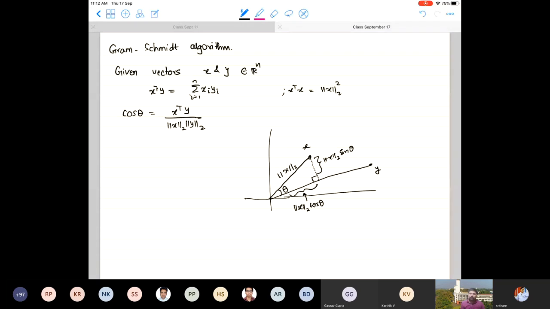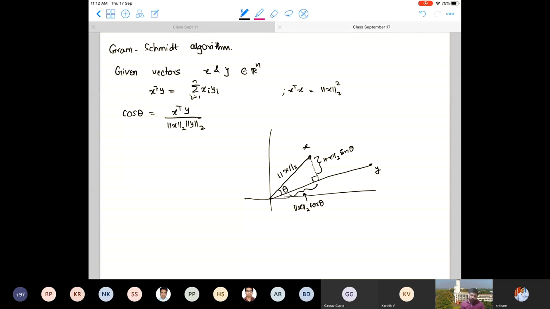So using the Pythagoras law, the sum of squares of the sides is equal to the square of the hypotenuse. So you have norm x squared cos squared theta plus norm x squared sine squared theta, which is equal to norm x squared, which is the length of the hypotenuse. Do you understand what I did here?